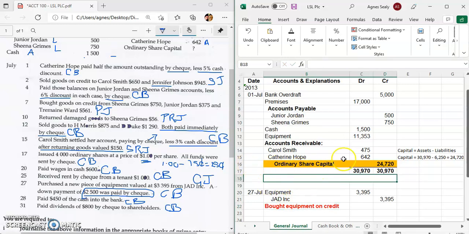And if I also had to do a narrative for my opening entries, I can state opening assets and liabilities at July 1st to open a set of books.